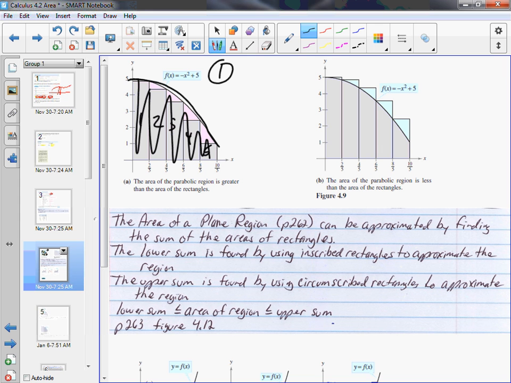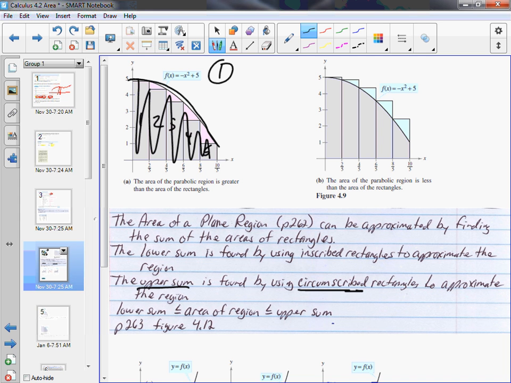If I go the other way and make it so that the height of the rectangle is greater than or equal to the actual f of x on the curve, that's called the upper sum, and those are called circumscribed rectangles.